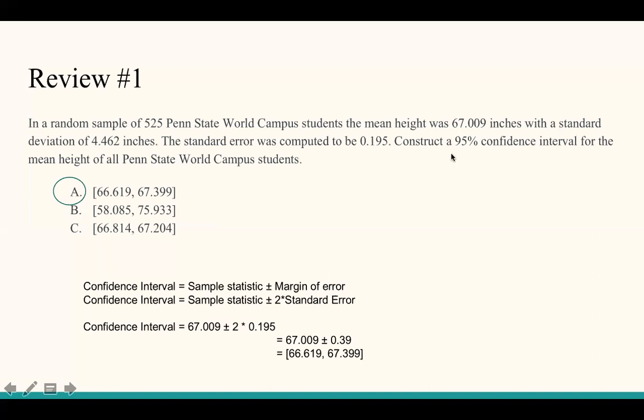You have to remember that you have to calculate it. And then once you get the margin of error, you just add and subtract that to the sample statistic, which was 67.009 inches. Okay, any questions on that? I'll move on to the next question if there aren't any questions.